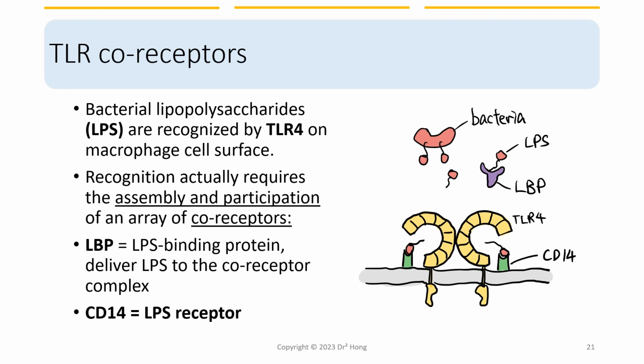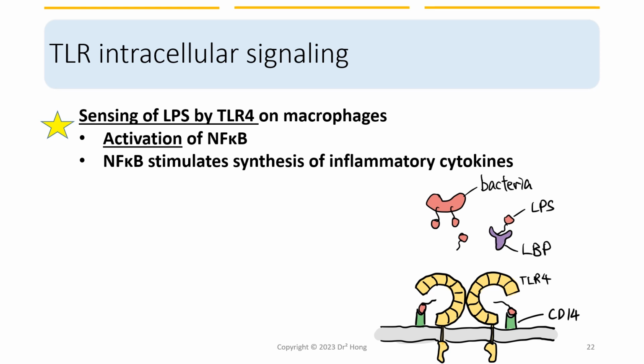First, we have a co-receptor called LBP. It stands for lipopolysaccharide binding protein. This binding protein can deliver LPS to a co-receptor complex, which consists of CD14, the LPS receptor. Notice that the binding between LPS and the cell surface happens on CD14.